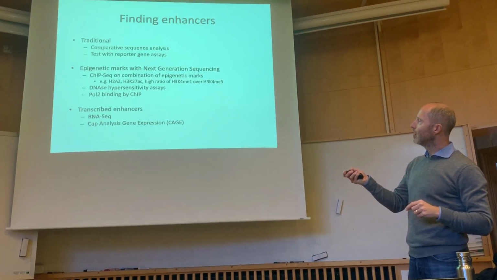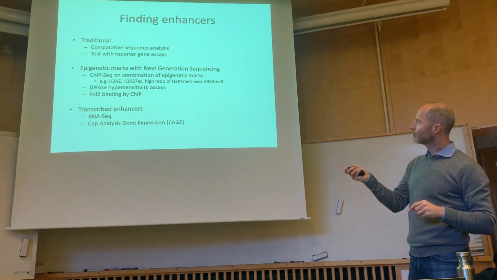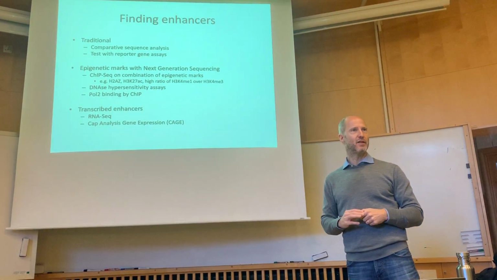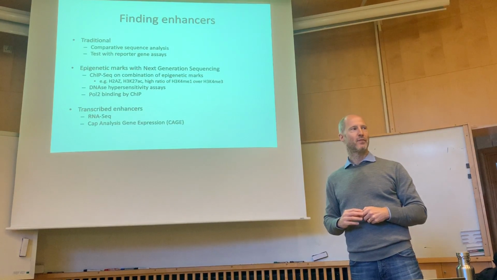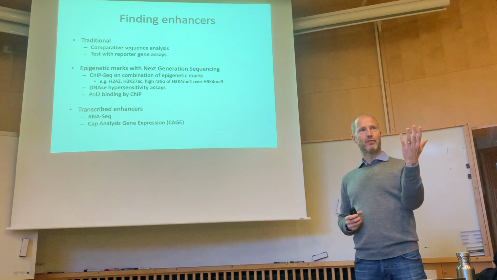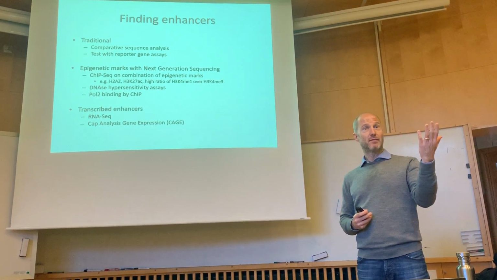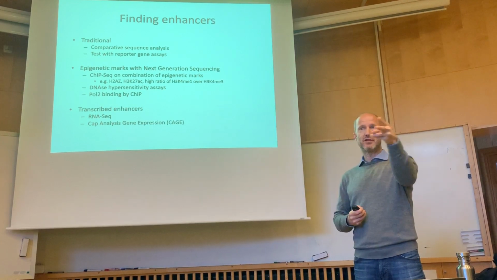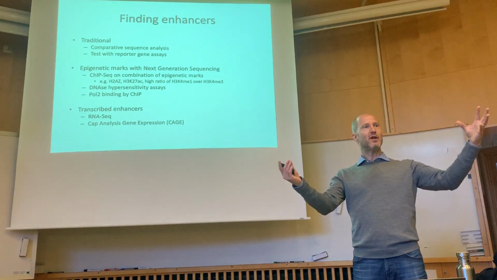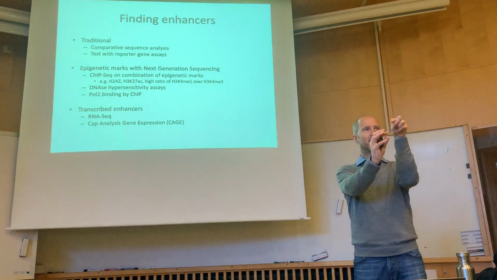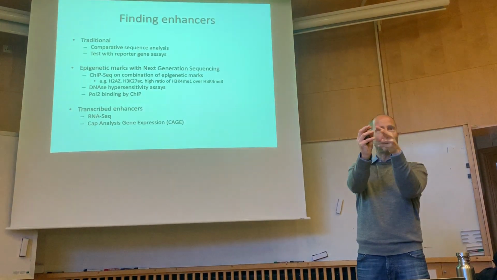Of course, you can do polymerase II binding ChIP assays. Do you know what DNase hypersensitivity could be? It's rather simple. You have an enzyme called DNase, and the purpose of the enzyme is basically chopping DNA, right? So it's destroying DNA. If you have DNA which is very compact, then the enzyme cannot go in and chop the DNA.